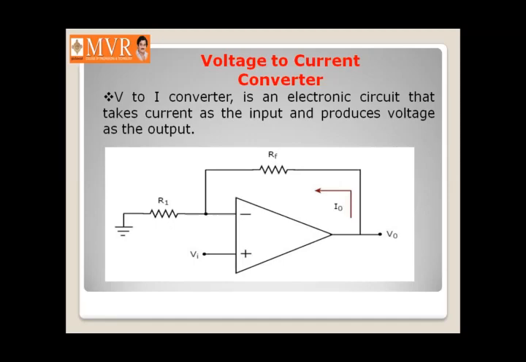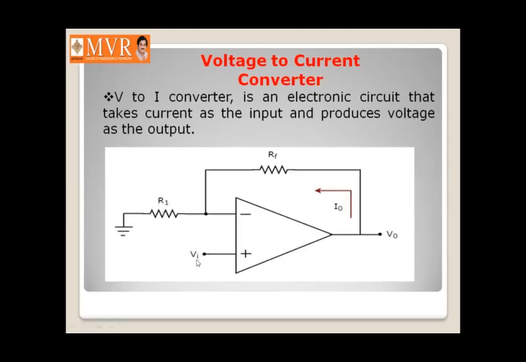So here you can see an operational amplifier in which the input voltage will be converted into the output current. The changes in the input voltage will be converted into the changes in the output current.